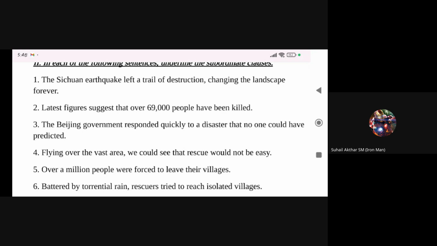Changing the landscape forever, this is your subordinate clause. Now, latest figures suggest that over 69,000 people have been killed. That over 69,000 people have been killed.